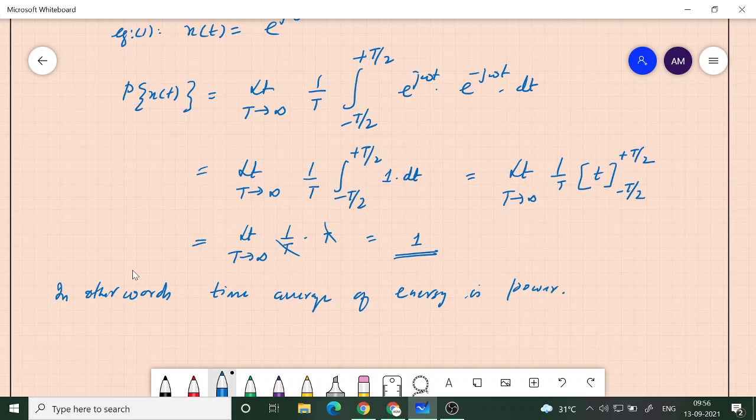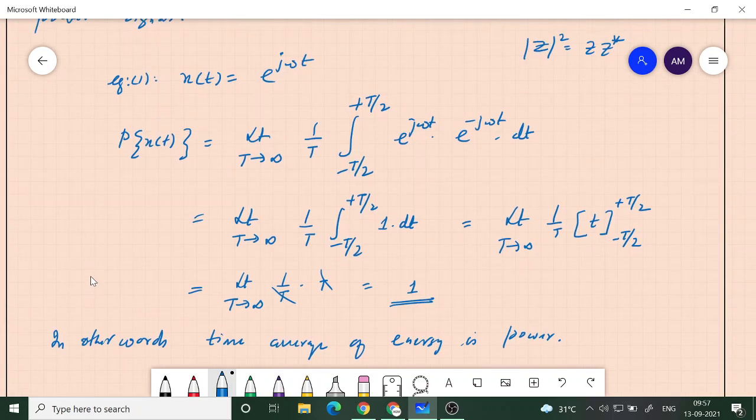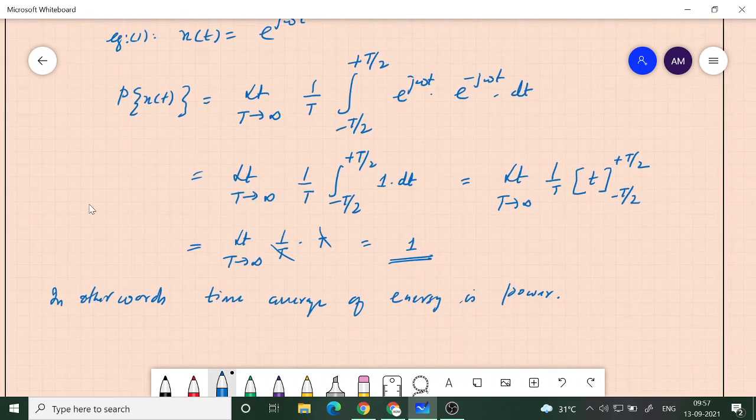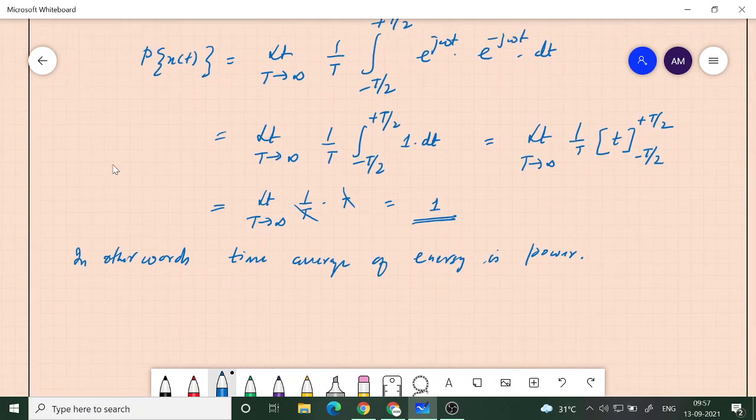So in per unit time you have a finite value. Now if you have infinite time, then definitely it has infinite energy. This was a case of infinite energy: to find the energy, you integrate 1 from minus infinity to plus infinity, and that gives infinity. But since we are dividing by time, per unit time we have finite energy, or finite power.